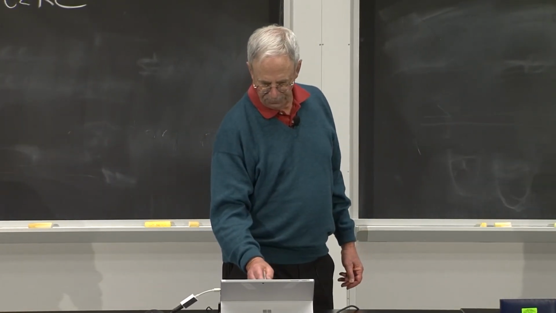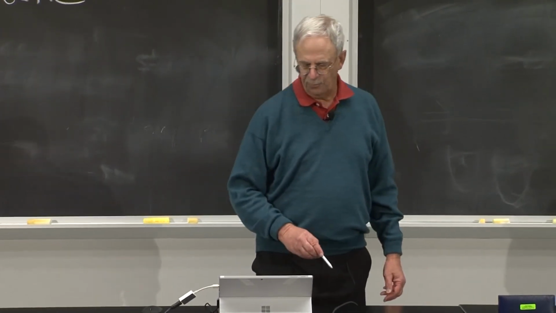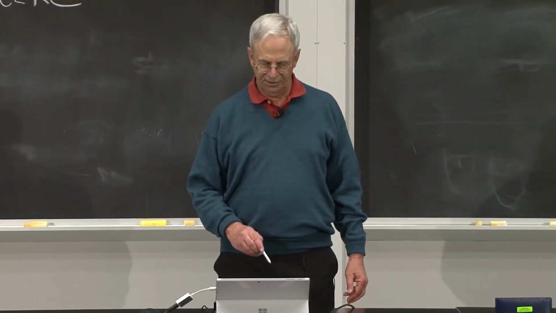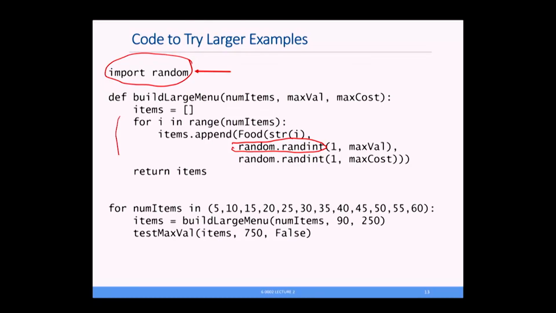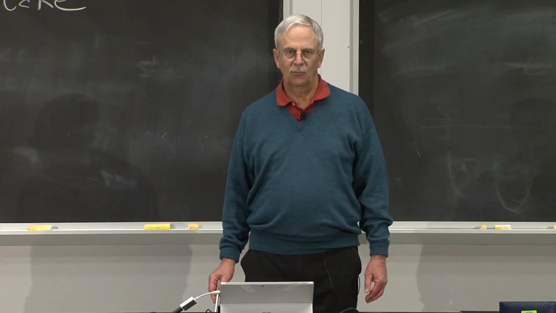And then I'm going to build menus ranging from 5 items to 60 items. Build large menu, the number of items with a minimum value, with a max val of 90 and a max cost of 250, pleasure and calories. And then I'm going to test max val on each of these menus. All right?